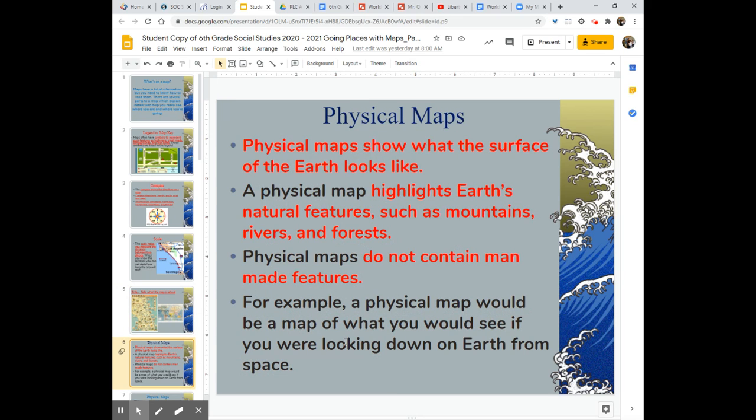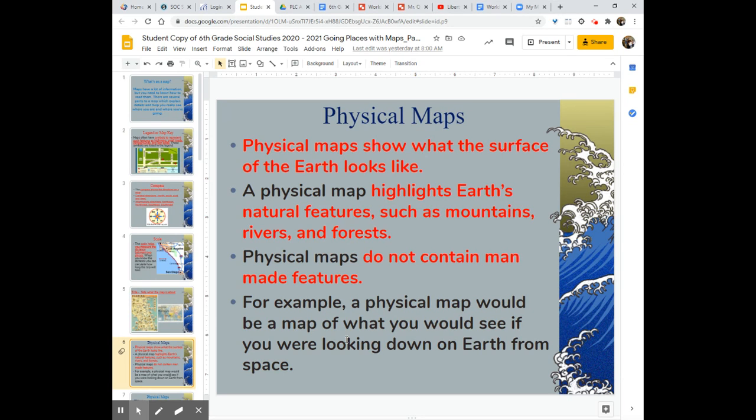We also have special kinds of maps. Once you understand that you have the title and the compass, the scale, all of these things are going to be important to understand what kind of map you're relating them to. Physical maps are maps that basically show what the Earth looks like from space. If you could imagine it that way, they're always kind of a top-down view from far away.